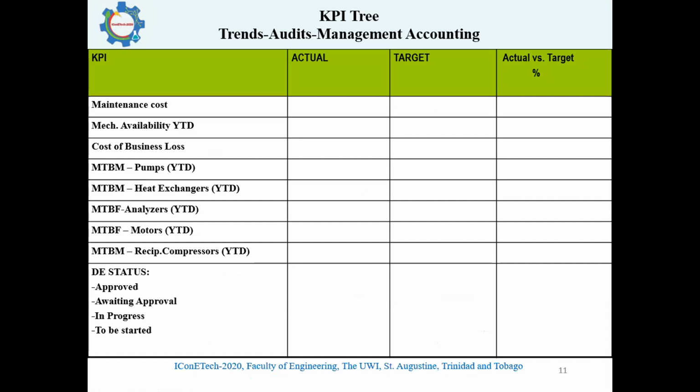In order to look at these systems and to make sure that you are going in the right direction, you need to have your KPIs. This KPI tree is identified by these three: maintenance cost, mechanical availability, and cost of business, which are the lagging KPIs. And then you have the leading KPIs below, which will tell you if you are having problems with these at the top.